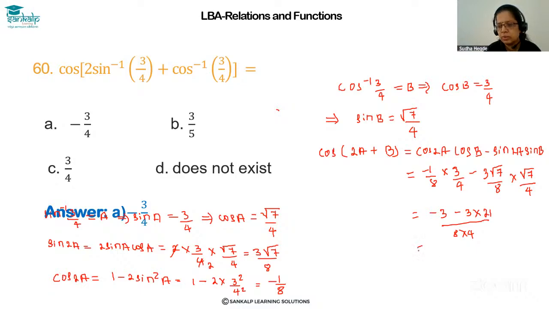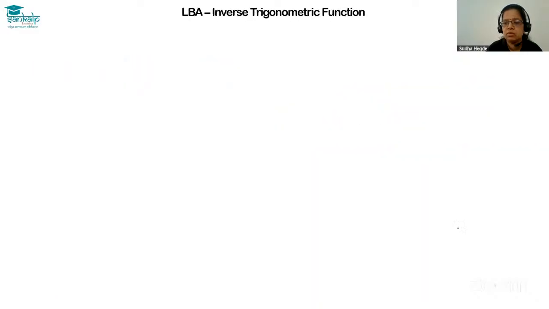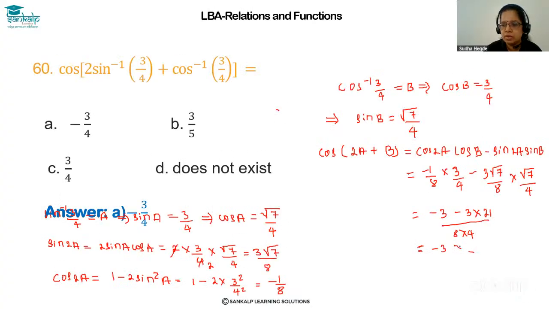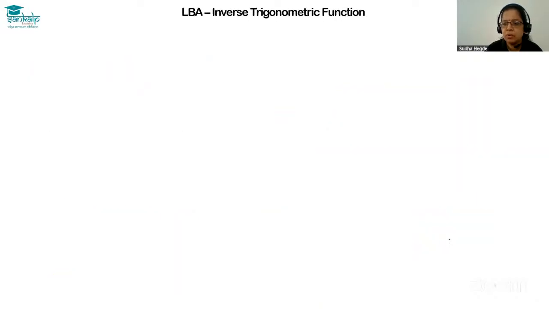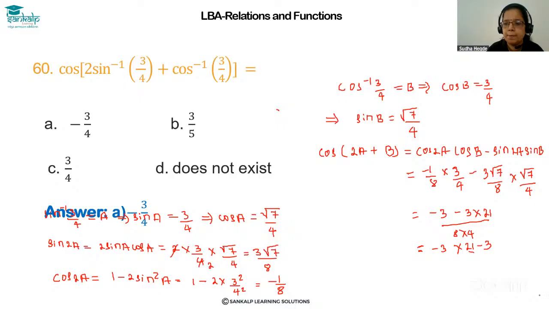So that is equal to minus 3 minus 3 into 21 divided by 32.